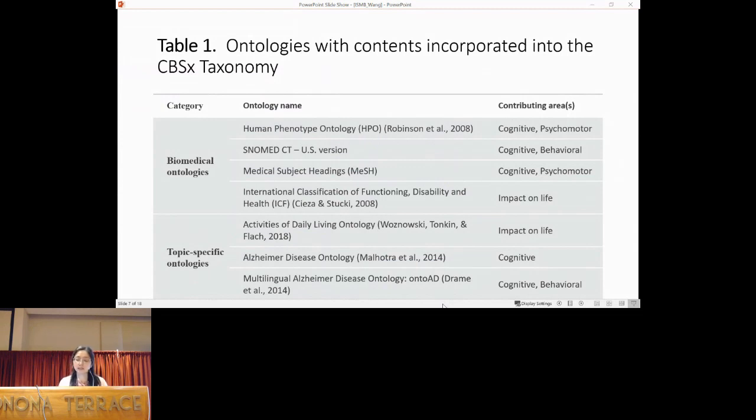These different ontologies contribute to different areas of the taxonomy, for example, cognitive, psychomotor, behavioral. And we also include topic-specific ontologies. These are the Activity of Daily Living ontology, the Alzheimer's Disease Ontology, and the multilingual Alzheimer's disease ontology, OntoAD.